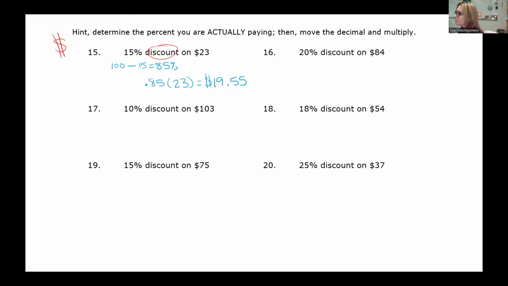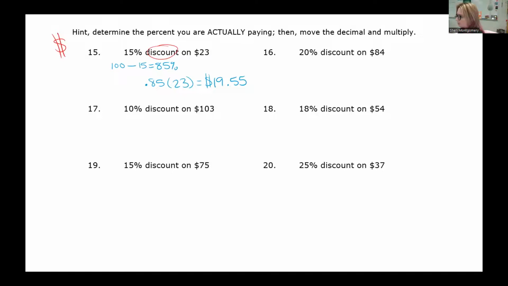If you did it the other way and multiplied by 0.15, you get a really small number that doesn't make sense. Yes, it's on sale, so it's better than paying full price, but it's just a little bit off. If it's originally 23, it should be a couple bucks off. So 19.55 makes sense. It's reasonable.